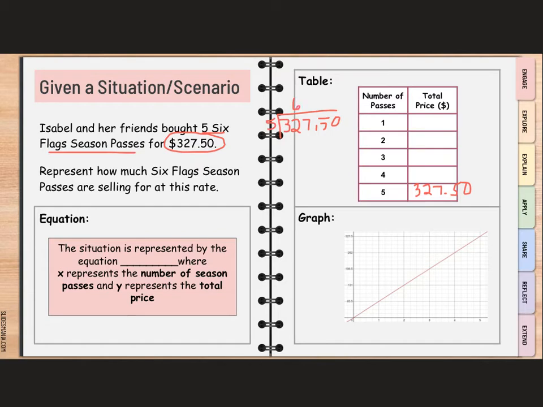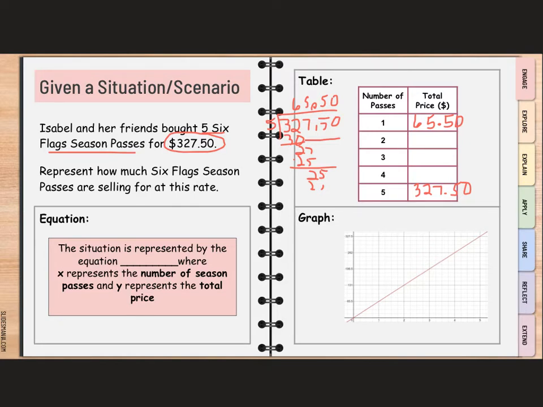Well, I know 5 times 6 is 30, and that gives me 27 when I subtract that, and 5 times 5 is 25. 5 times 5 is 25, and 5 times 0 is 0. So it seems like my unit rate in this situation is $65.50 for one pass.